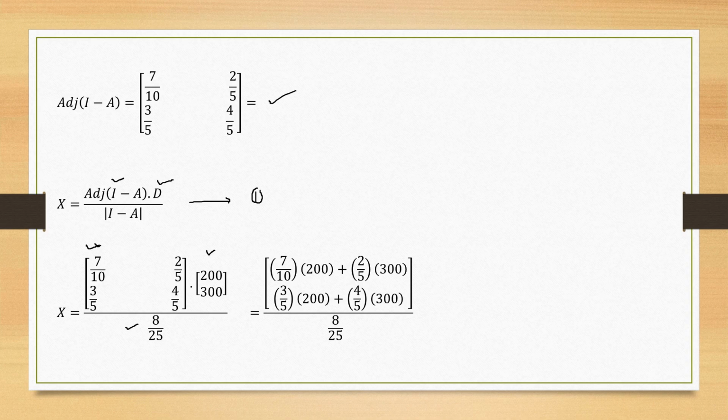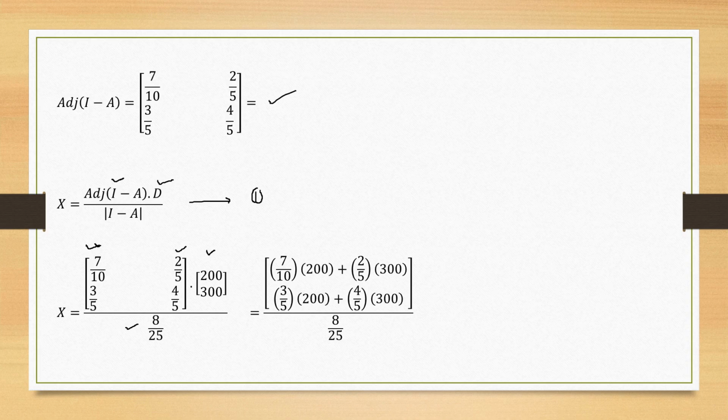The first element, 7 by 10, is multiplied with the first element of the second matrix: 7 by 10 multiplied by 200, plus 2 by 5 into 300.